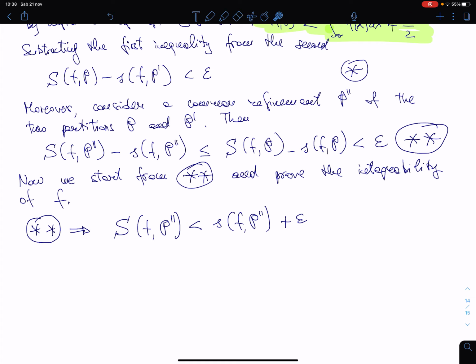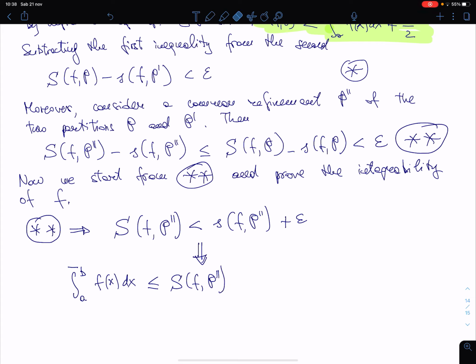Then from this relationship, of course the upper integral, which is the sup of the lower sum, cannot exceed, again if you want by permanence of sign, cannot exceed any upper sum of f.